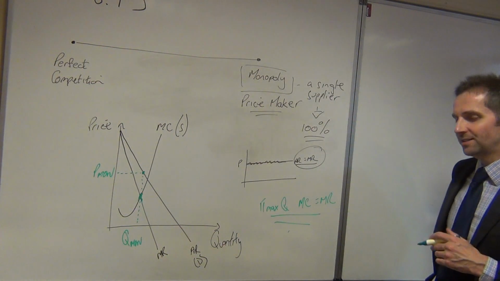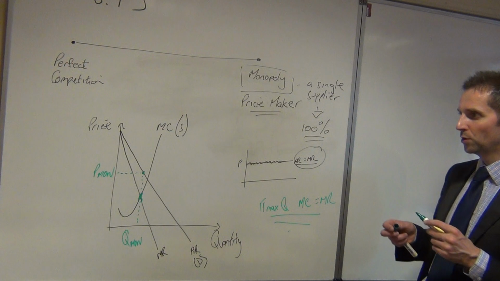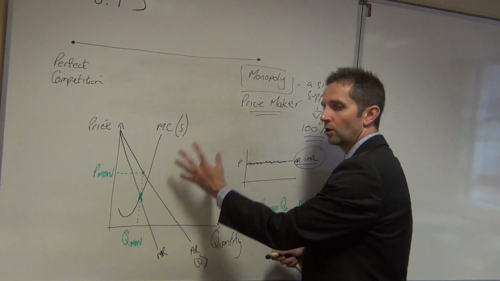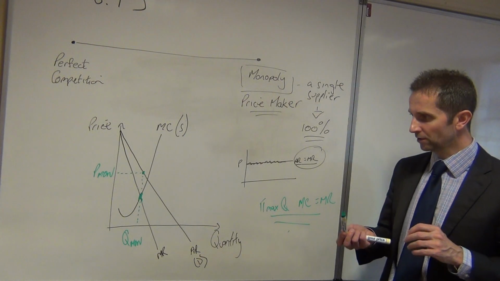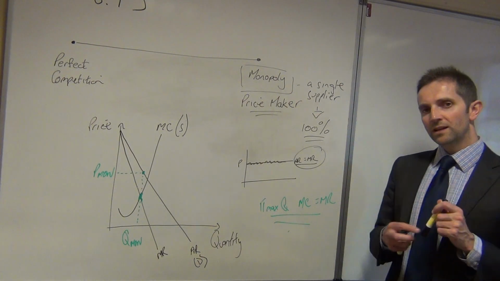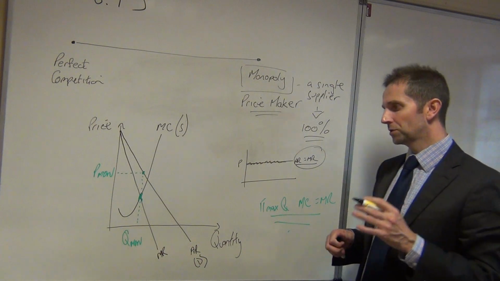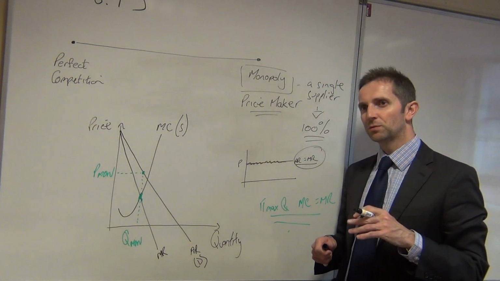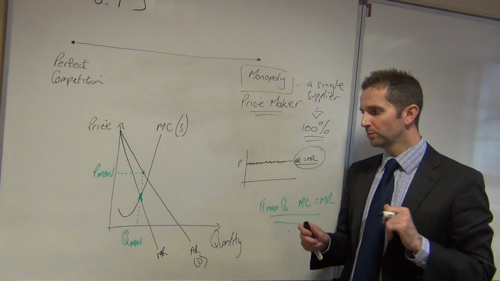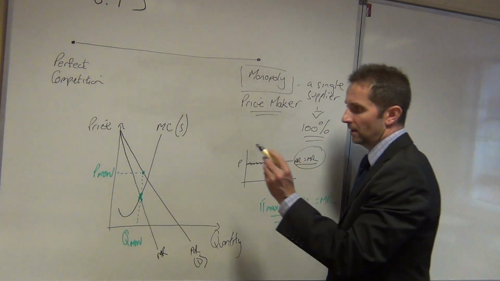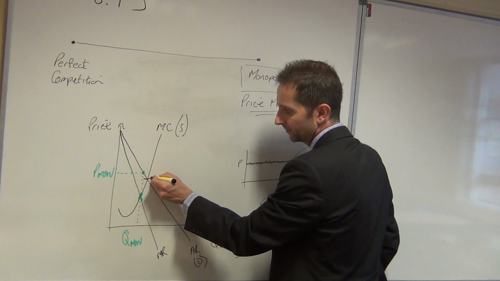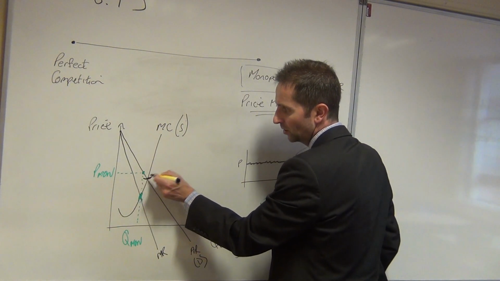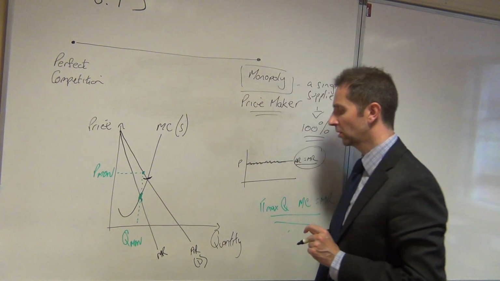As I said, it's at this stage then that I prefer to put on the last of the cost curves that we're missing here, which is the average total cost curve. You'll know from the analysis that we did yesterday, and if you've looked at one of my previous videos where I've compared monopoly and perfect competition, the minimum point of the ATC curve is here, where the MC curve is crossing the AR curve.